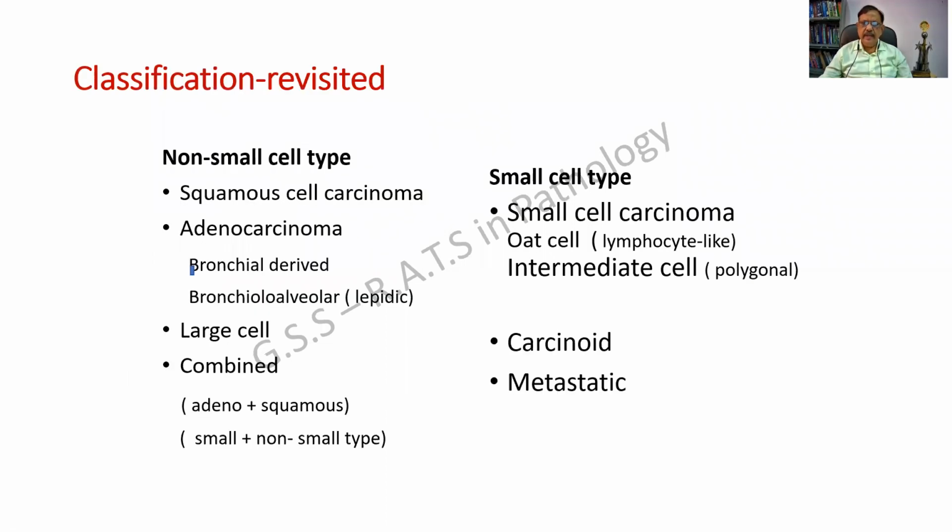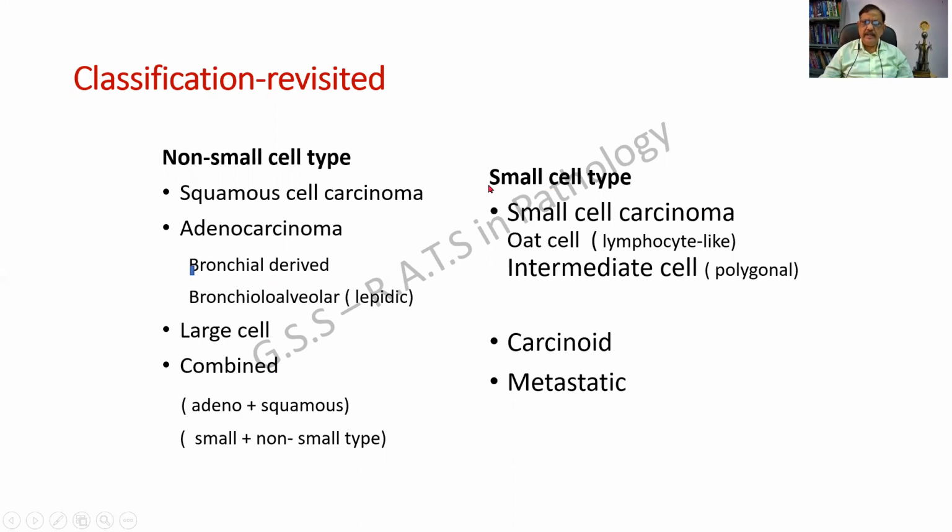The classification we had seen earlier, I am revisiting for the sake of the students. As mentioned earlier, the bronchogenic tumors are divided into the small cell type and the non-small cell type. We had until now seen the non-small cell type, namely the squamous cell carcinoma, adenocarcinoma, and the large cell carcinoma.